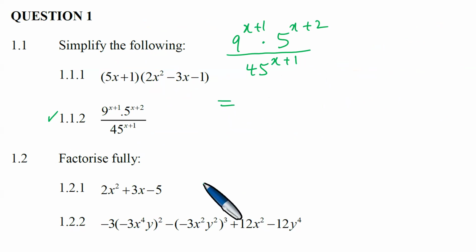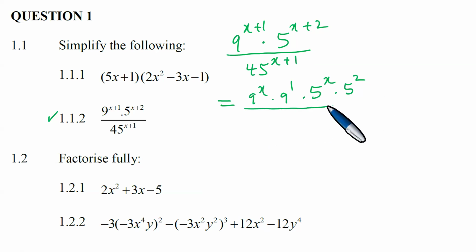What do you think? I'm trying to engage you. 9 to the power of x times 9 to the power of 1, and then times 5 to the power of x, 5 to the power of 2. Well done. Thank you so much, Paul. Very, very well done. Next, what do we do? At the bottom, there's 45 to the power x plus 1. What do we do with that one?